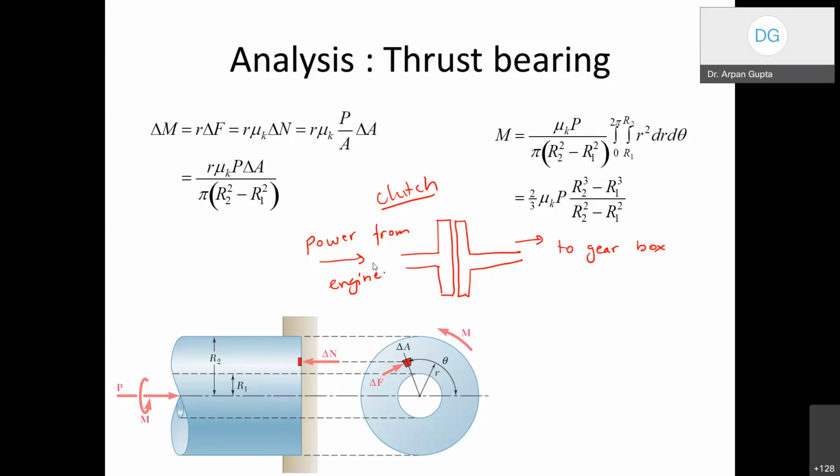So in most of the manual transmission cars that we all encounter, we have to press a clutch pedal before we shift a gear. So the idea is to engage and disengage power transmission.